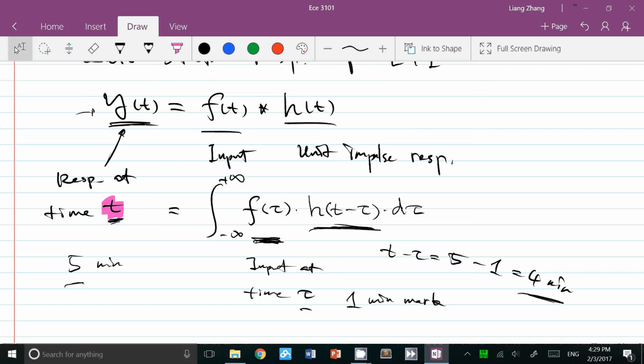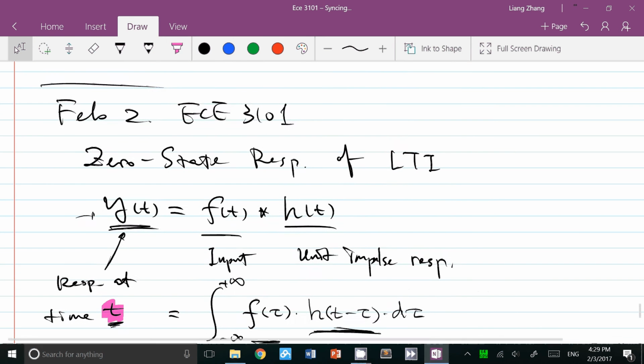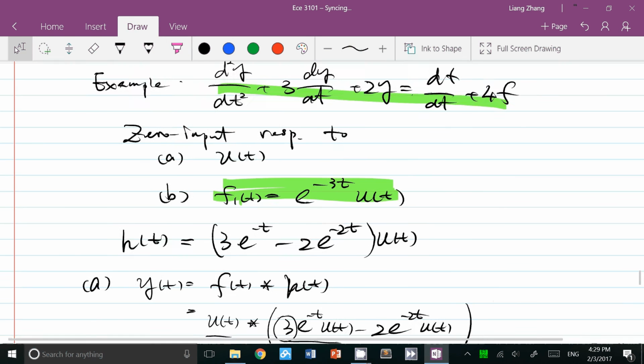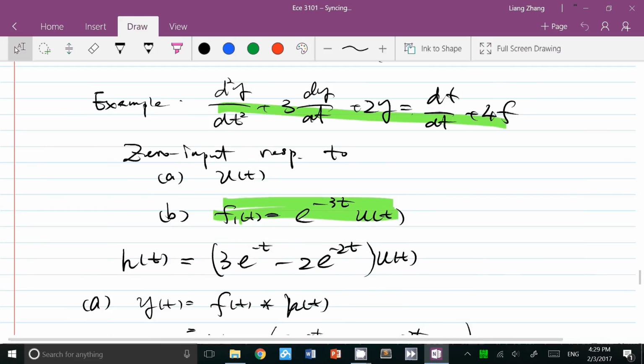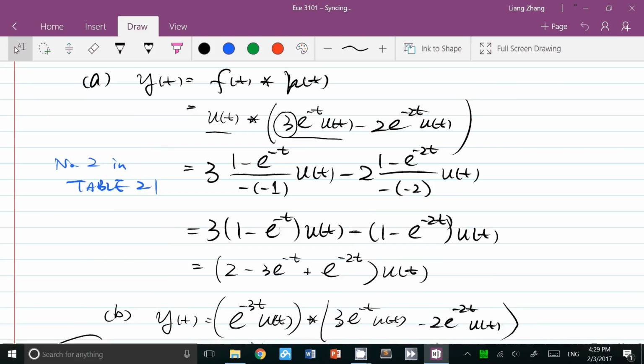And as far as this course is concerned, our requirement about the convolution integral is that you can use it to calculate the zero-state response of a linear time invariant system similar to this particular example. Meaning you will have to be able to use the table to do the calculation.